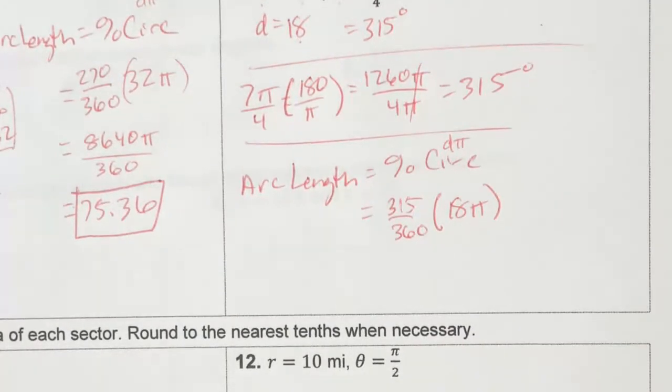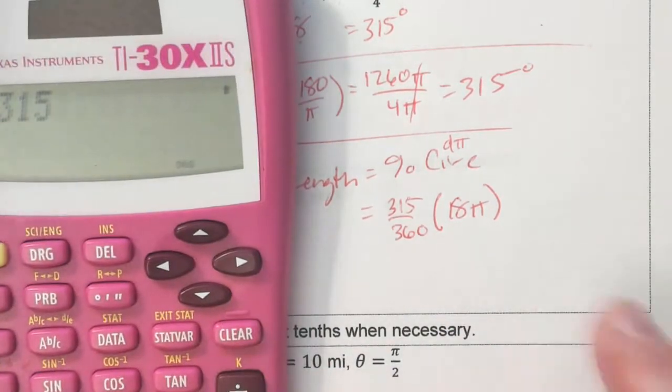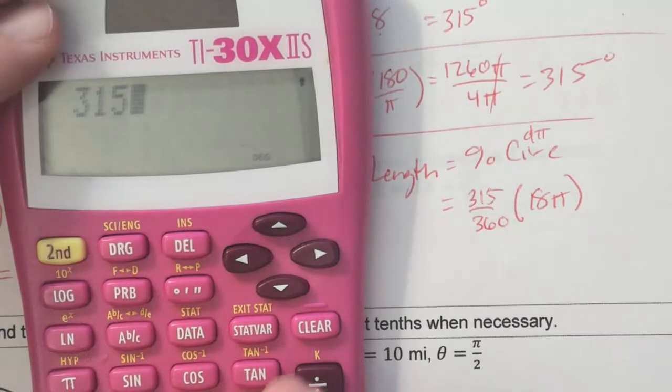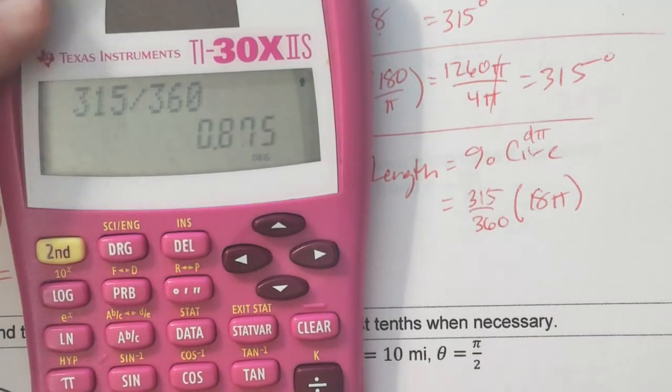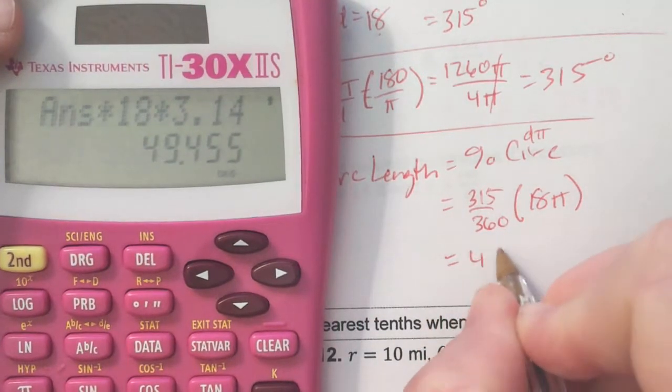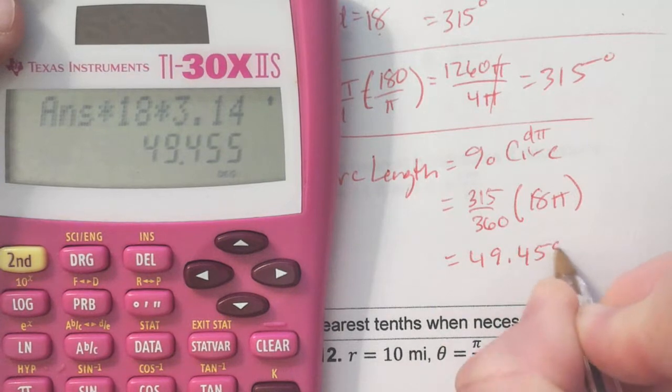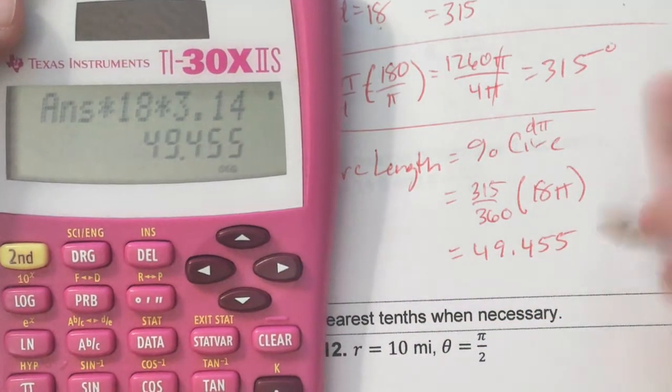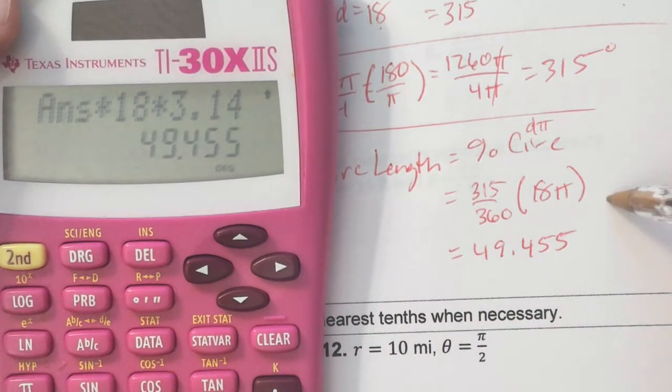All right, multiply straight across, or you can just put that all in the calculator. So 315 divided by 360, times 18 times 3.14. And you pop out with 49.455.